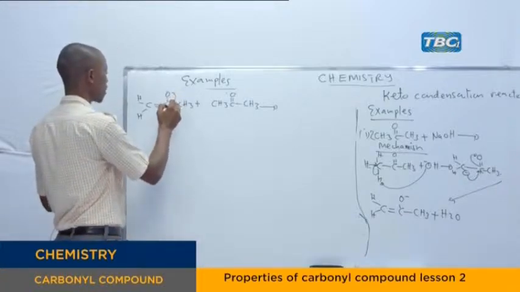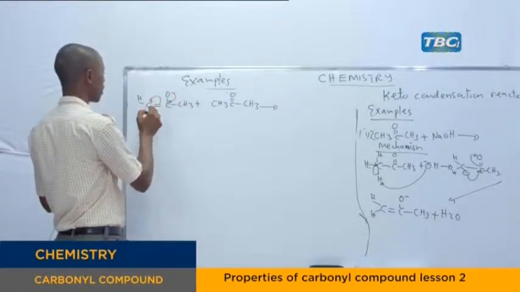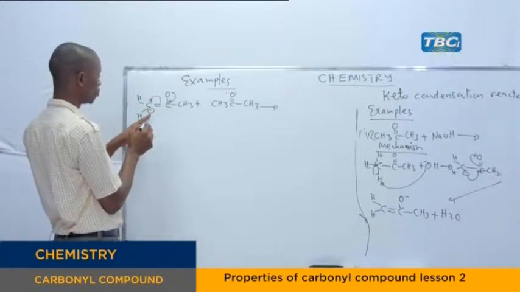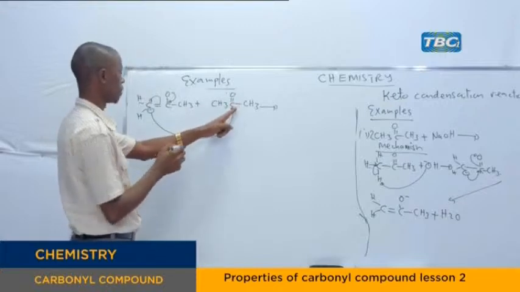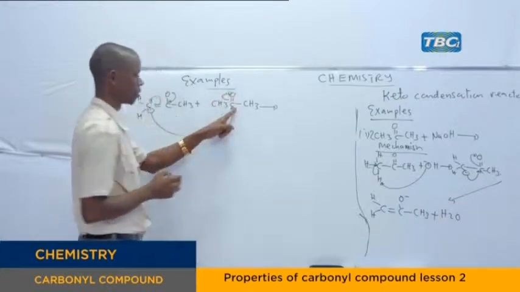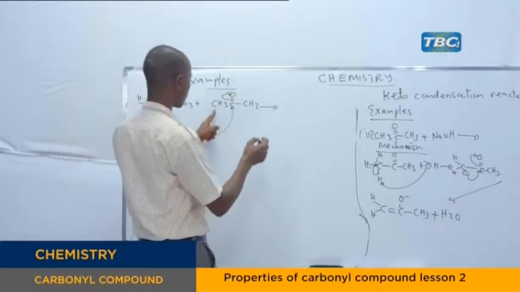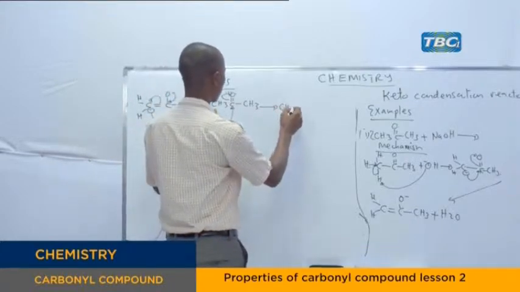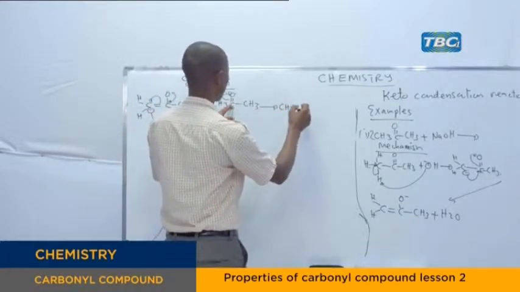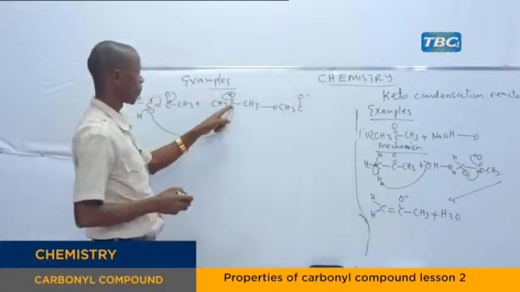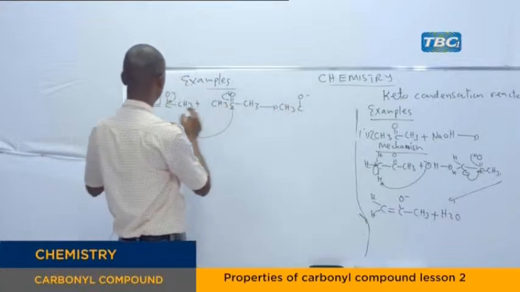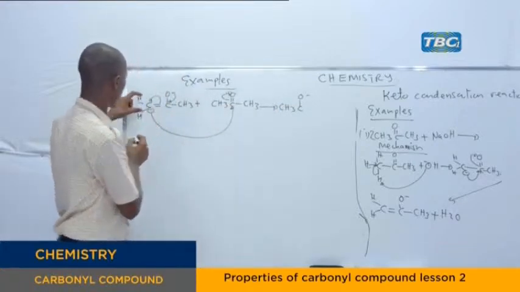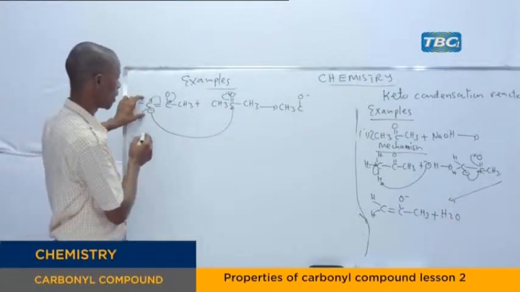This electron comes back here, and this pi bond electron moves to this oxygen atom. This carbon atom will attack this carbon here, and the electron will move that way. So what will be the products here? We write this one, and this carbon with that one, because the electron comes here, will be bonded to this carbon with the two hydrogen atoms.